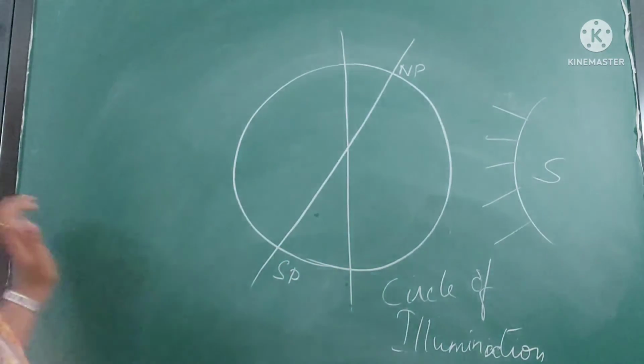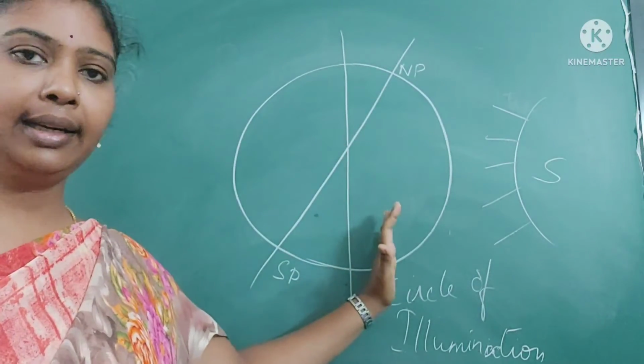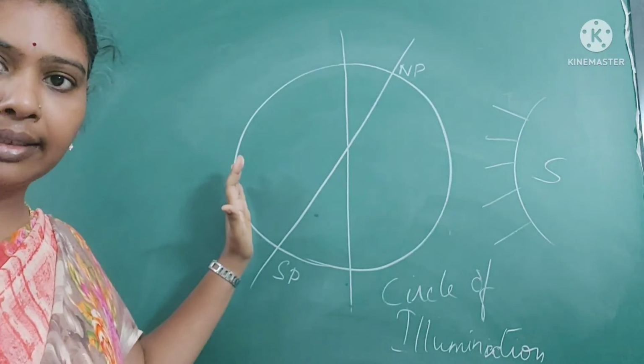Illuminating means where you will be having light and where is the darker side.